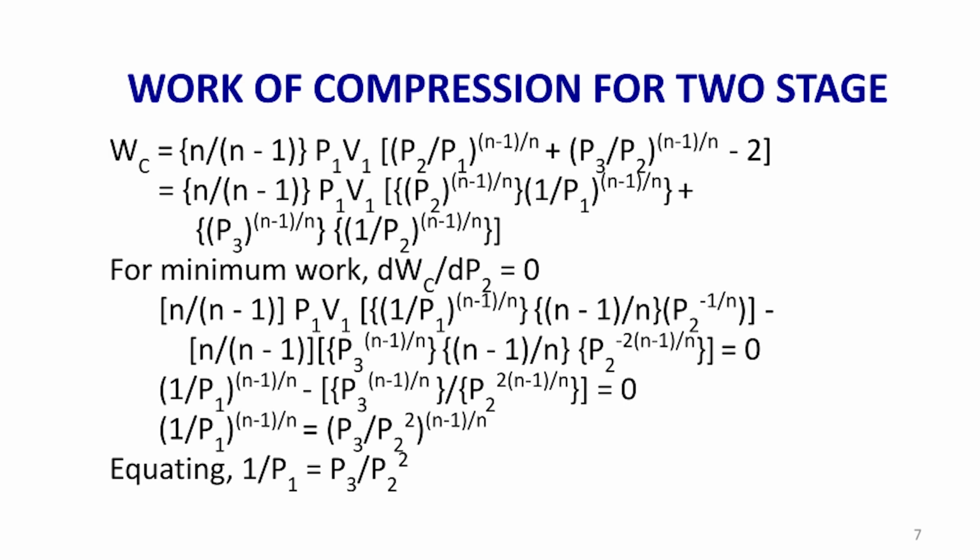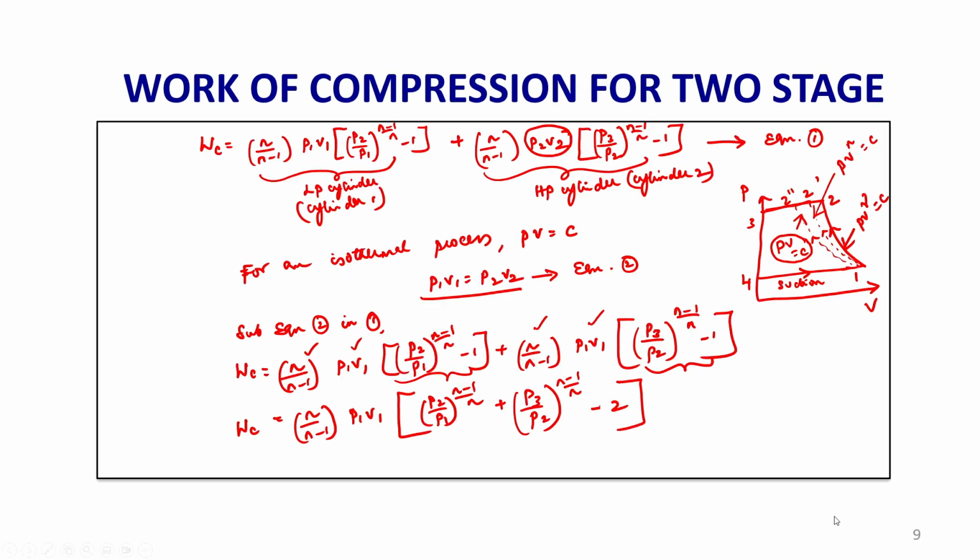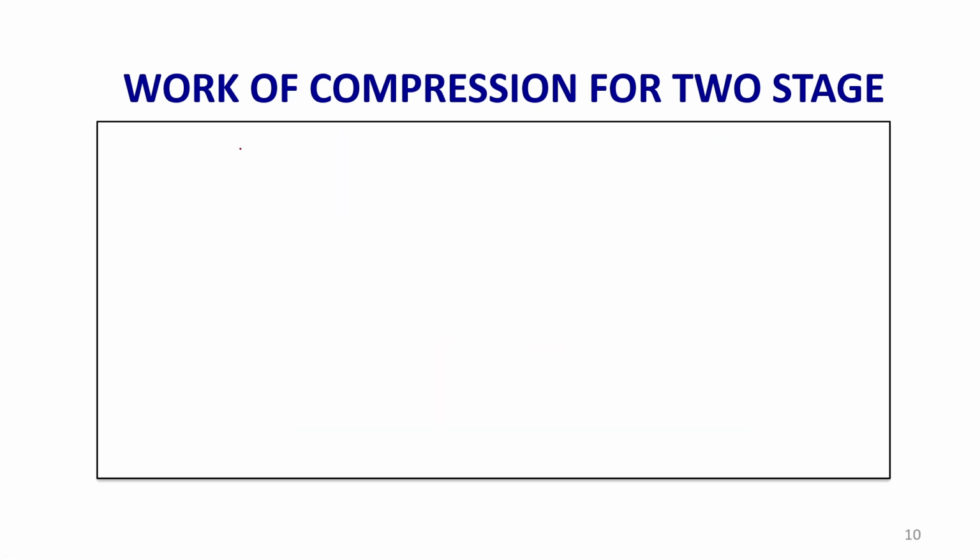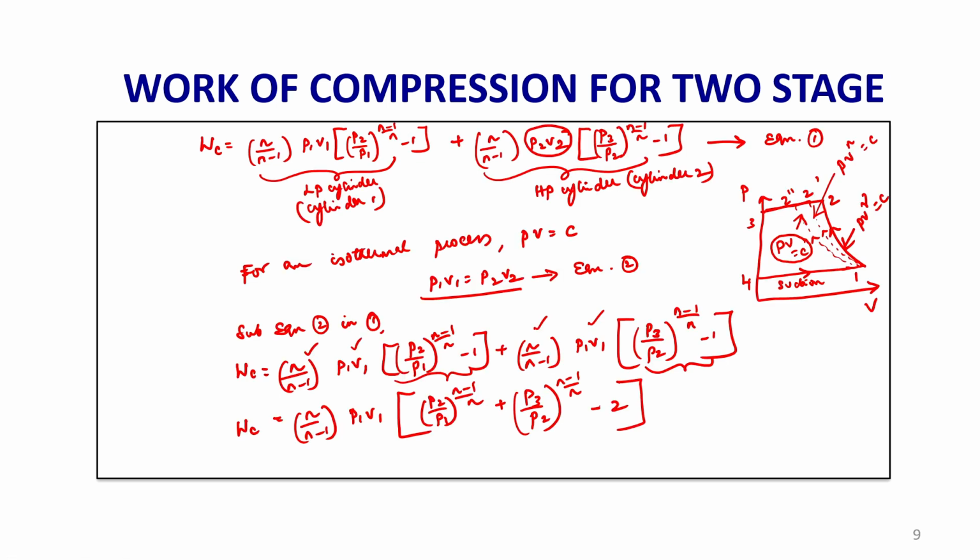Okay. So, now let us split this one. Now, I am going to split this term. Here we have P2 power n minus 1 by n divided by P1 power n minus 1 by n, and P3 power n minus 1 by n divided by P2 power n minus 1 by n. So, let me write this one. WC is equal to, the common term is n by n minus 1 into P1 V1. Within the bracket I am going to split into these two terms and this also into two terms.